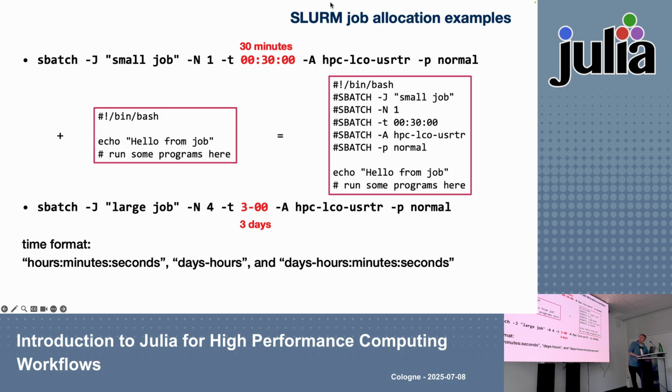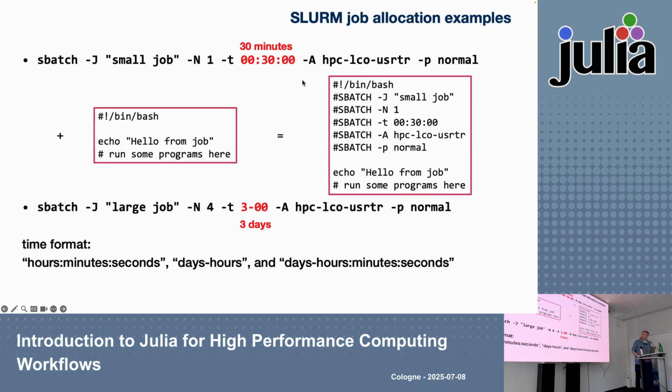Or you can combine it and put these parameters inside of your job script. This makes it quite convenient, so you don't have to remember these long lines and have it combined with your script.